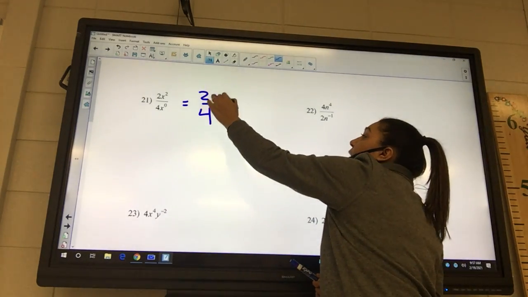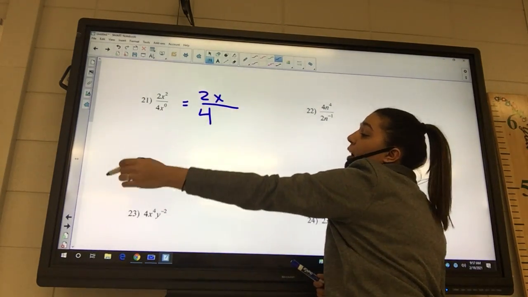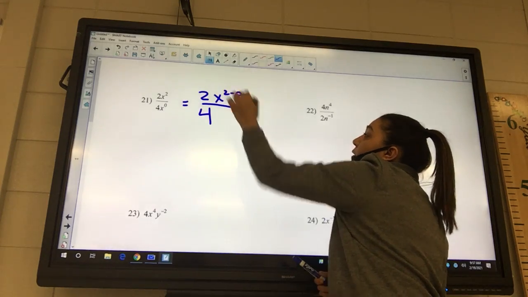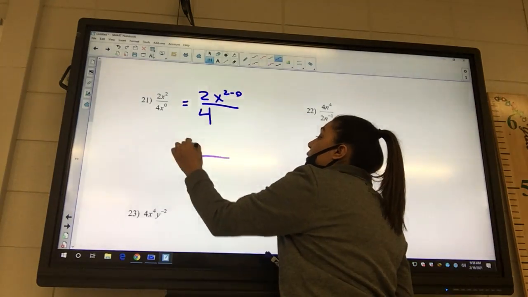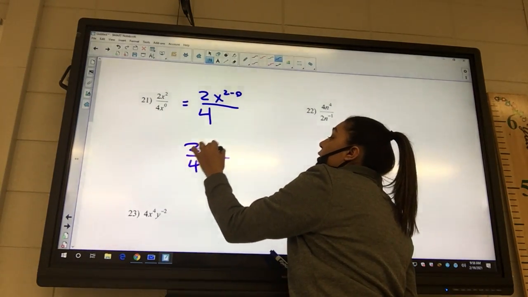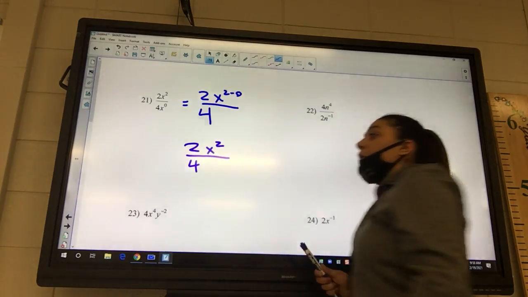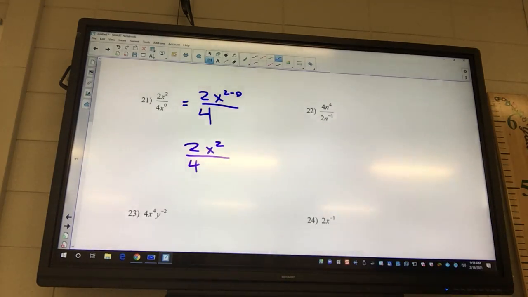So it's going to be x to the, and we always do top minus bottom, so 2 minus 0. So you're going to have 2 to the 4th, x to the 2 minus 0 is 2. Are there any negatives? No. Okay, and there's no zeros, so we're done. That is our answer.